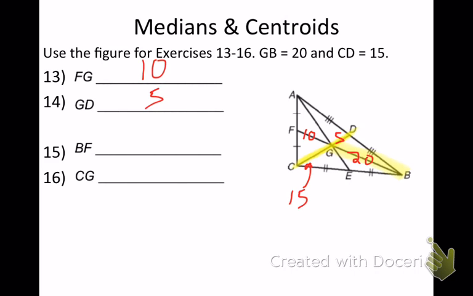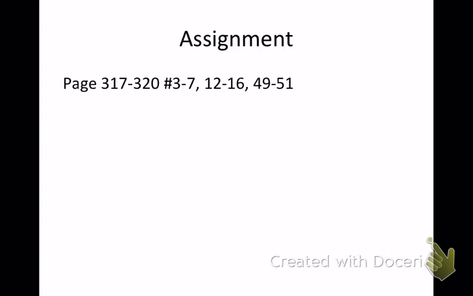So what's BF going to be then, Anderson? 30. It's 30 because 20 plus 10 is 30. I want the whole segment here. And then last but not least, I need CG. Blake, what's CG going to be? 10. Because you just do 15 minus 5, right? And you get 10. There you go. Reed, here's your assignment.